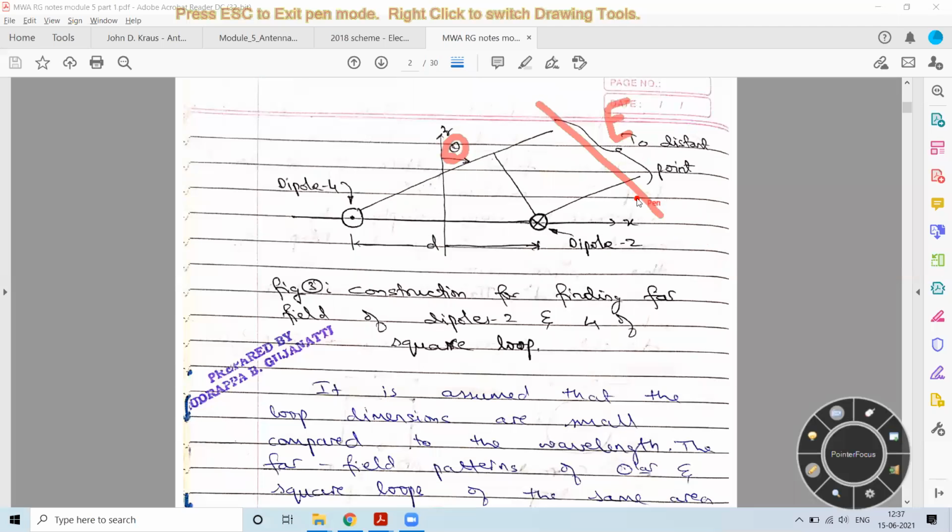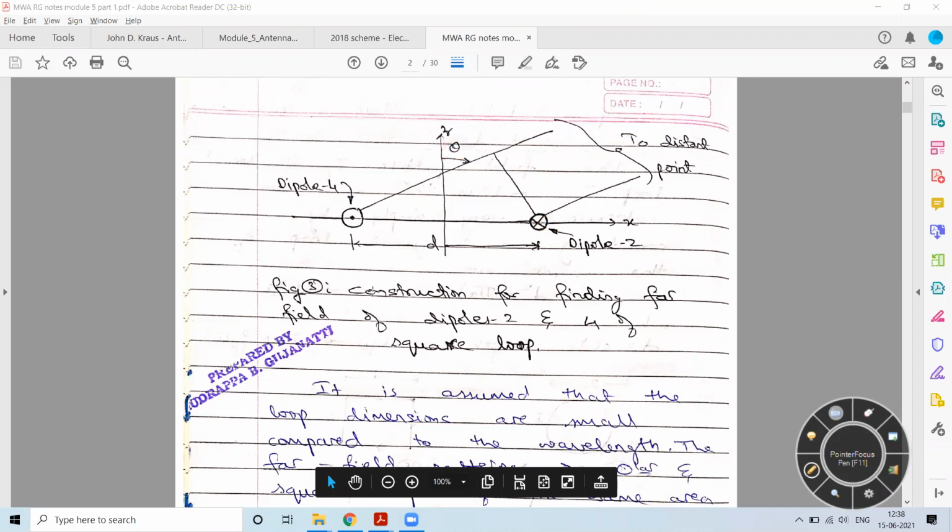We have already done this by considering the isotropic point sources. The minor change here is that you have to consider the theta parameter, and apart from that, the direction of the current is opposite to that of dipole 2. Because of this, the electric fields associated with both are in phase quadrature.